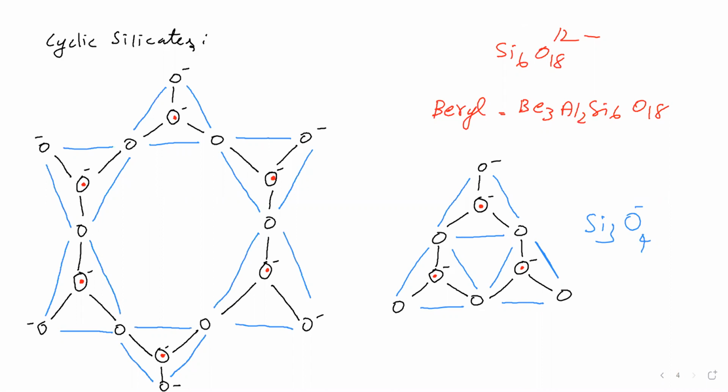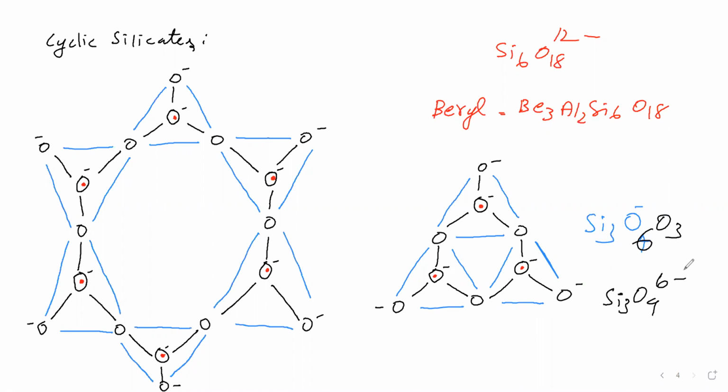Therefore, minus 1 oxygens are 1, 2, 3, 4, 5, 6. 6 oxygens. This oxygen is not having minus 1. This is 1, 2, 3. That is 3. Therefore, we will get Si3O9. Negative charge is 2, 2, 2, 6 minus. Si3O9 6 minus. This is also a cyclic silicate.